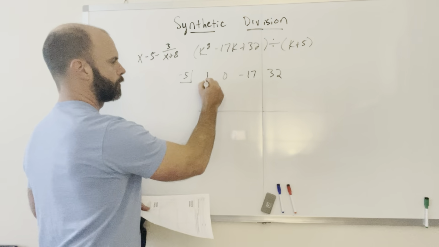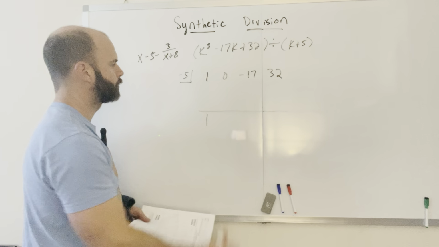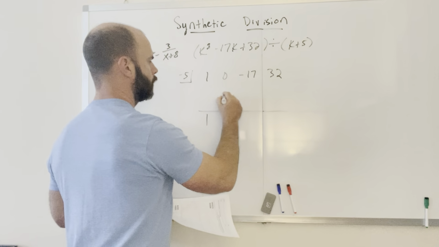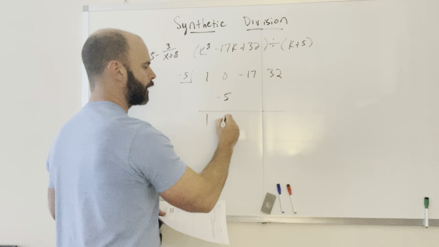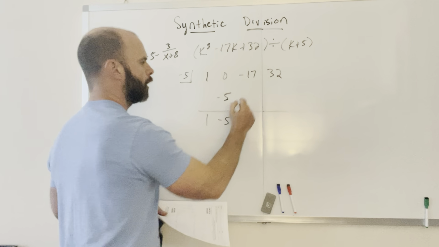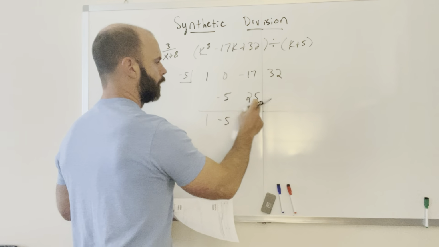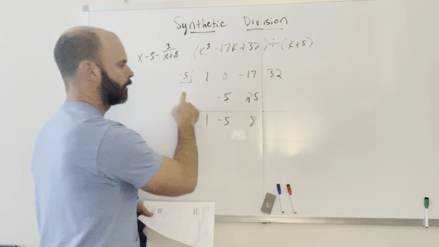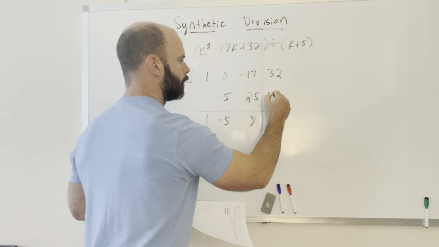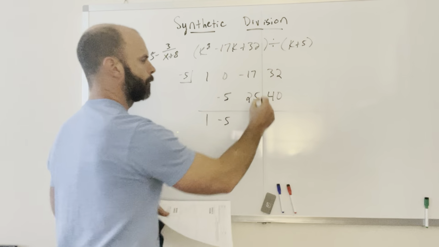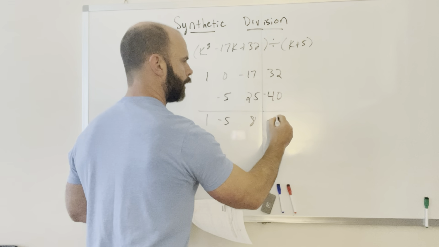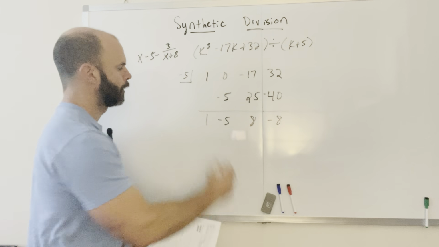Okay. So step 1, bring down the 1. Step 2, -5 times 1, -5. Add them, I get -5. Multiply, I get 25. Let's add them, I get +8. -5 times 8 is -40. And I have a remainder of -8.